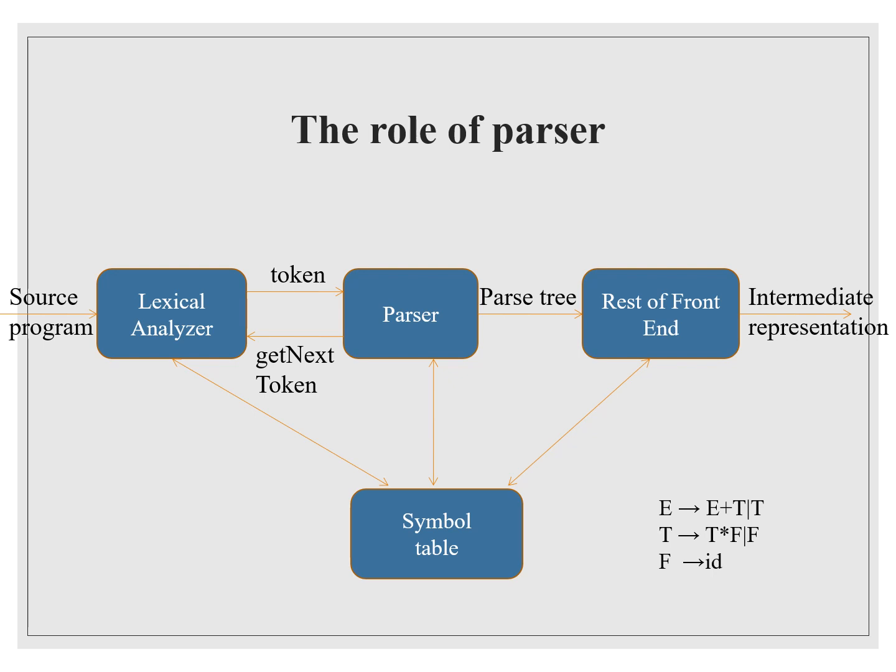As implied by their names, top-down methods build a parse tree from the top to the bottom, that is, from the root to the leaves. Bottom-up methods start from the leaves and work their way up to the root. In either case, the input to the parser is scanned from left to right, one symbol at a time.